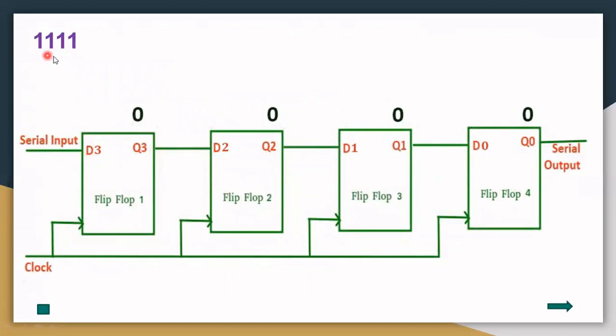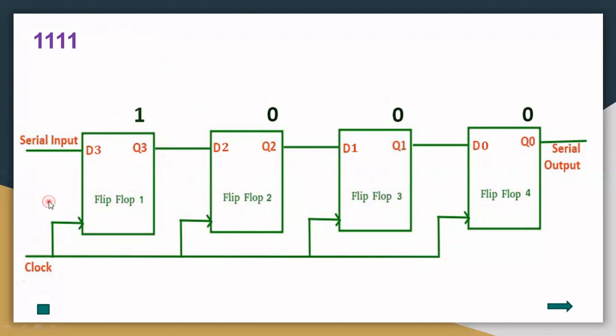So the data which should be stored is 1111. First of all, I am giving this one here. We are entering in a serial manner. When I am giving the first clock pulse, this least significant bit 1 appears here.